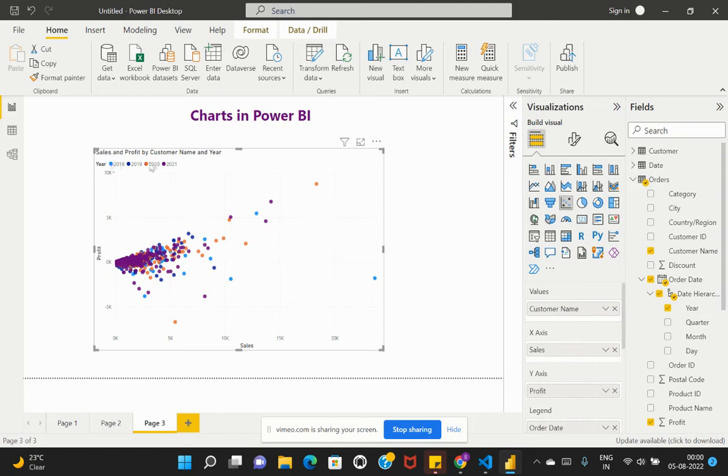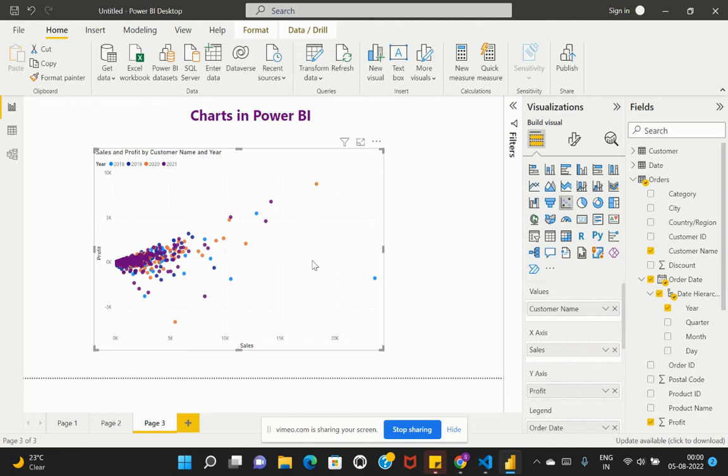Now, the color resembles how these customers are being categorized based on that particular duration and the corresponding metric values. Now, let us go into this particular scatter chart. So scatter chart is quite helpful when you would like to compare two similar measures together based on a specific category.